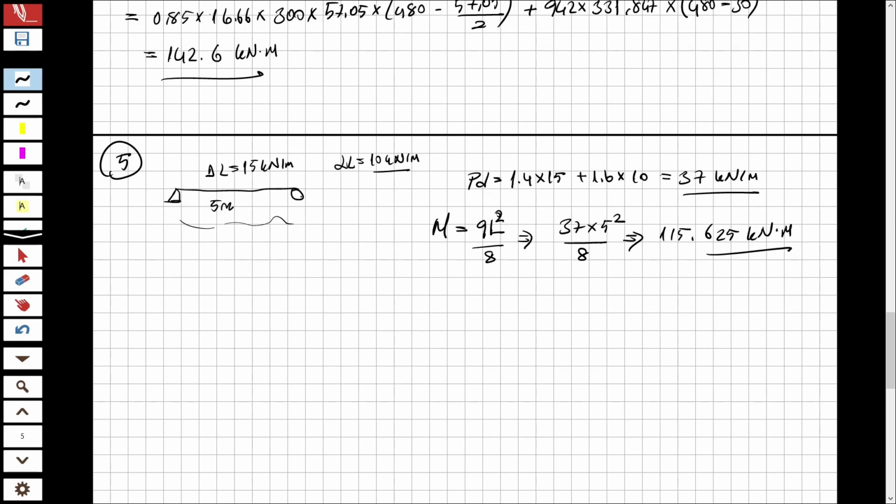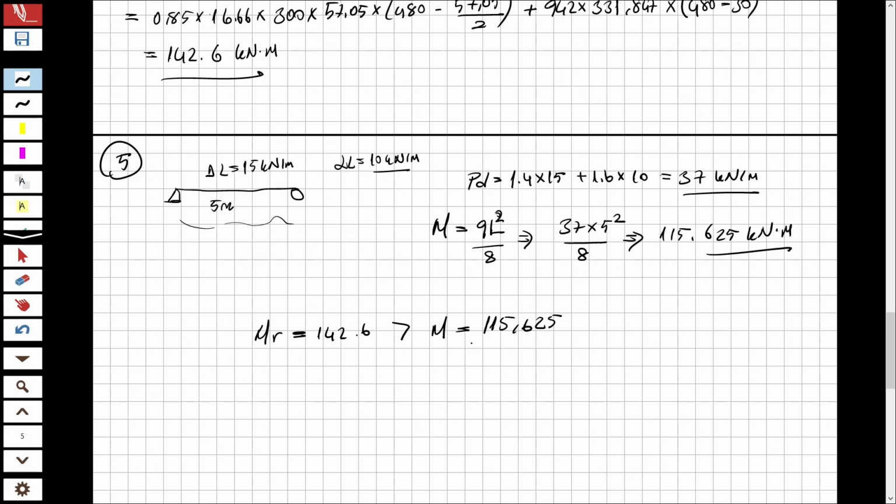Now this is the moment of this span. This span will be subjected to this moment created by these forces. So let's check whether our design can carry this moment or not. For example, MR. What is MR? 142.6 is greater than the moment of this span, 115.625.